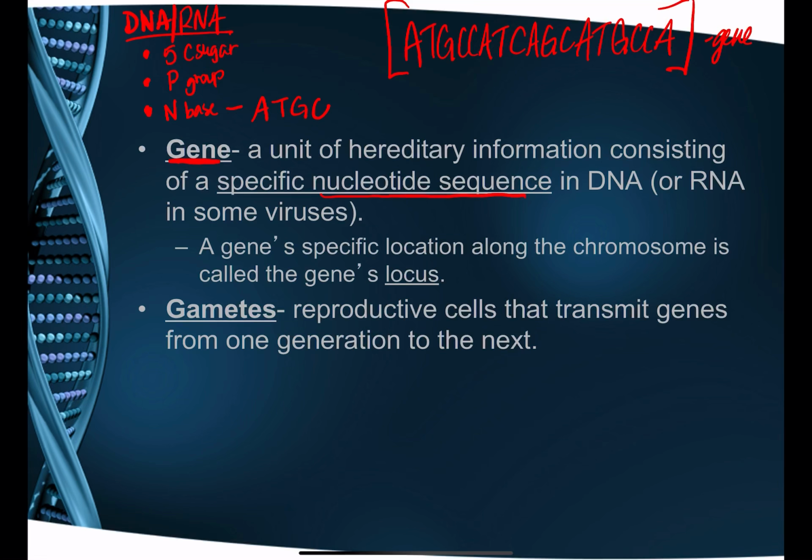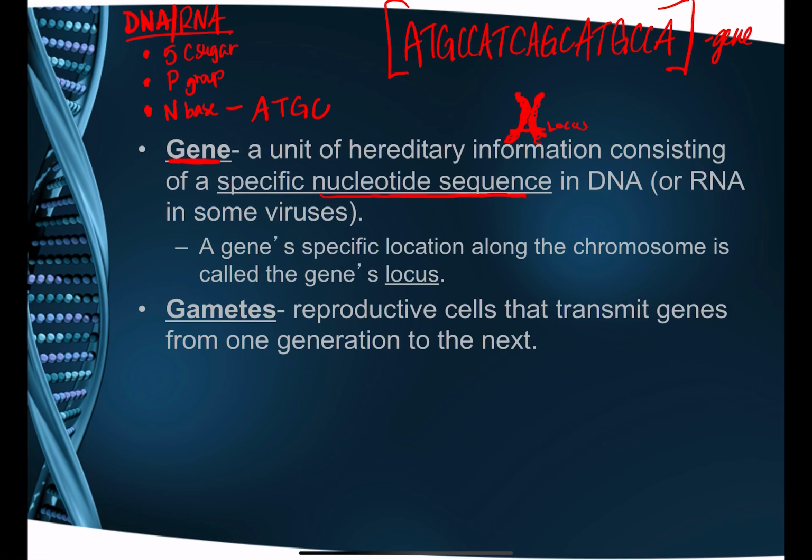Now, genes are found in a specific spot on the chromosome. Well, I should draw my chromosome. That spot is called a locus. This is a specific spot where that gene is found. Remember, your chromosome consists of coiled up DNA. Your DNA is coiled in here to make that chromosome.